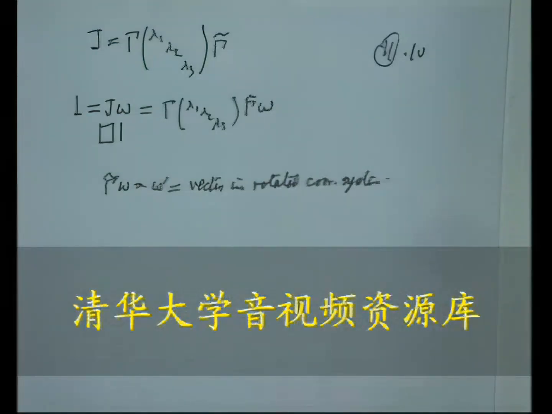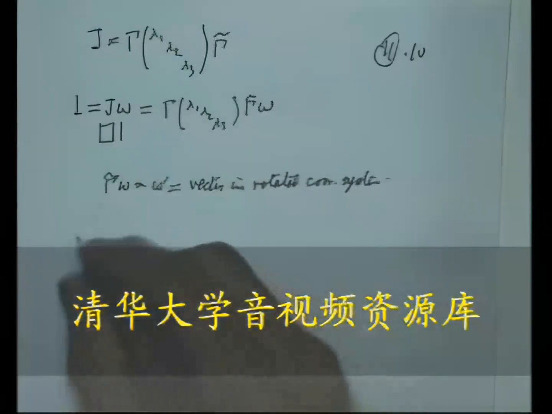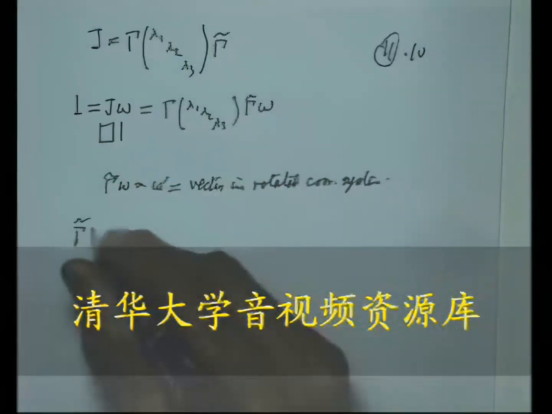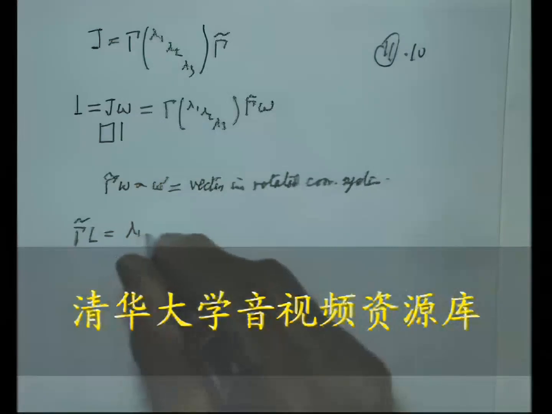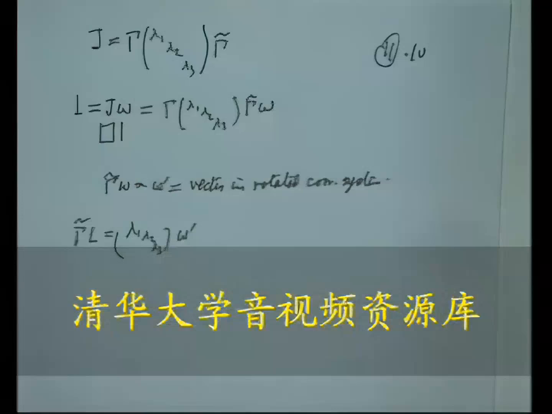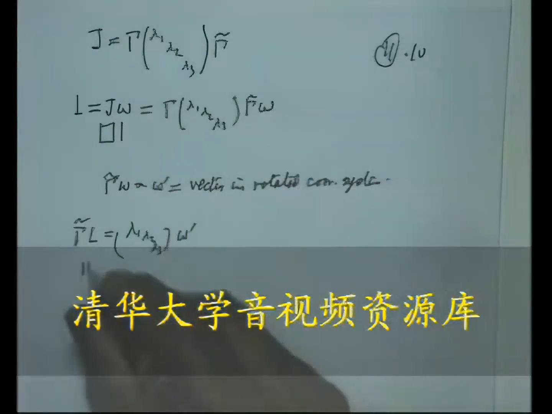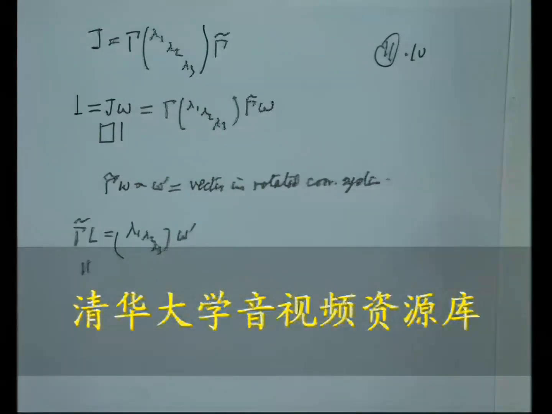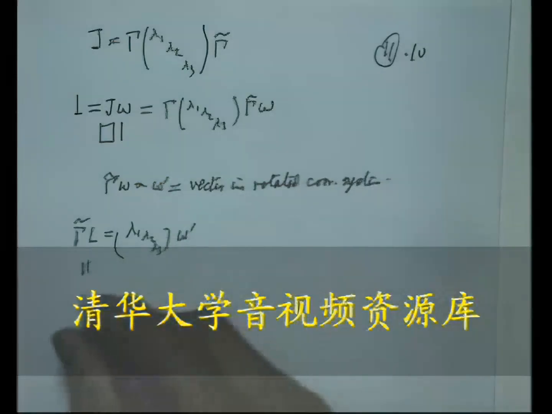So this equation becomes gamma tilde L is equal to lambda 1, lambda 2, lambda 3 times omega prime. But gamma tilde operating on any vector is equal to, so this is equal to L prime.